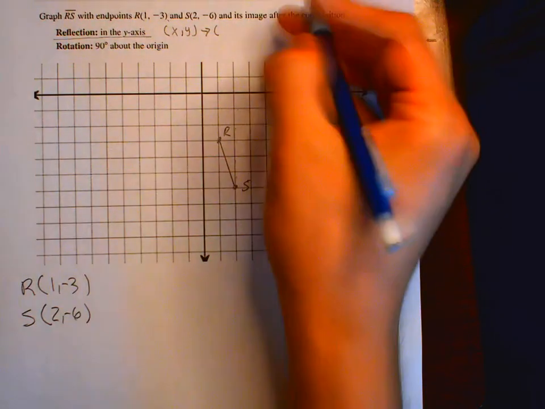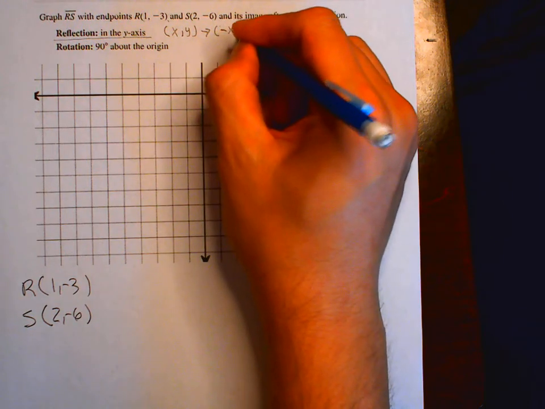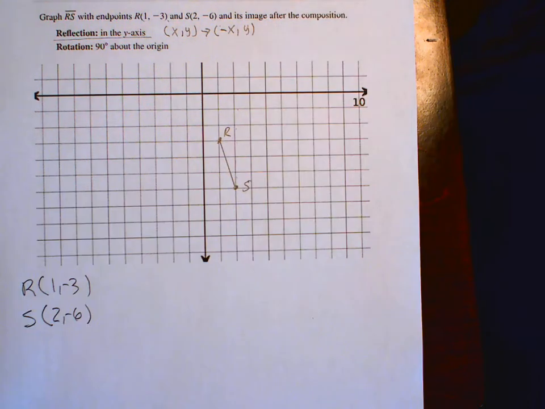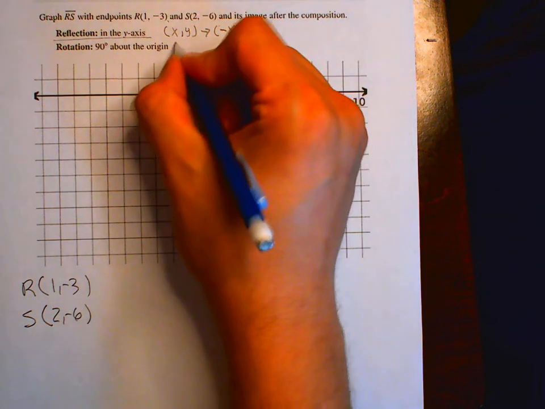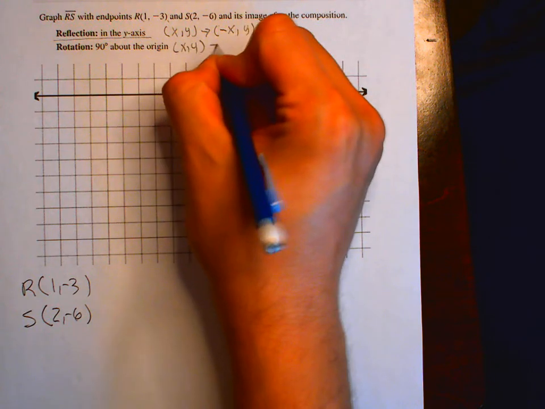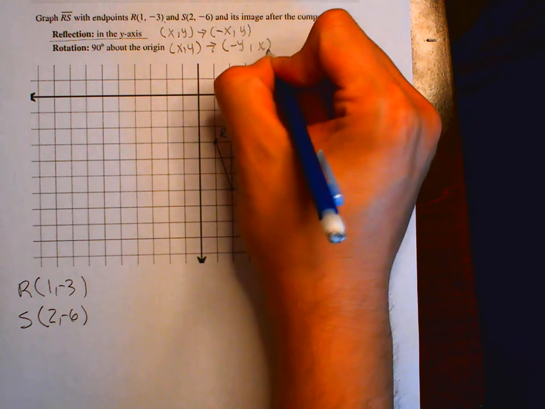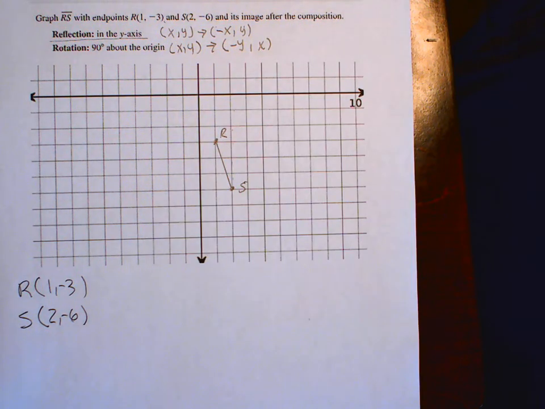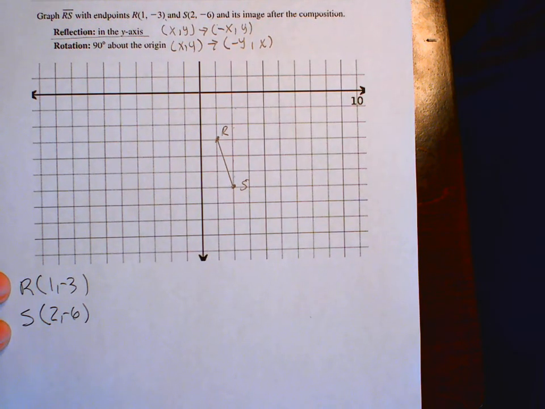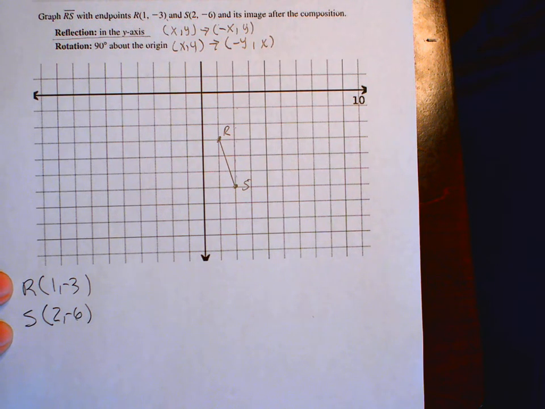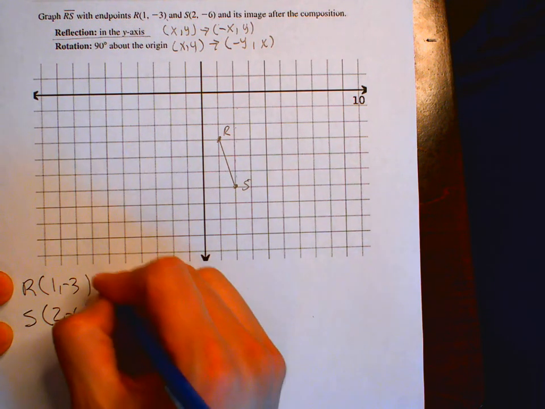Oh, you can't see that. Okay. And then we just learned that the rotation 90 degrees about the origin is this. Okay, so what we're going to do is apply the first rule first and then the second rule. So let's do the first rule.